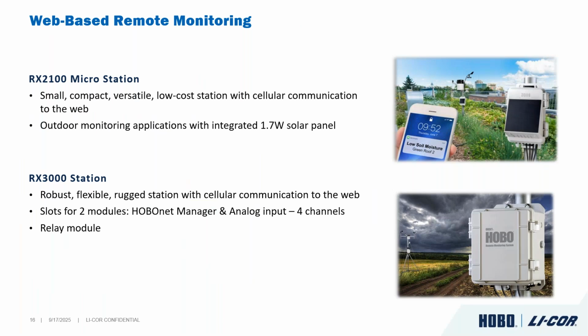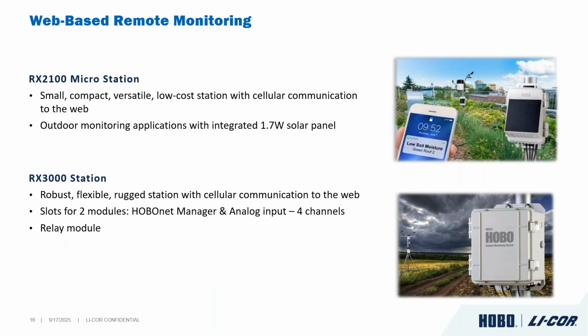These are all going to get you remote access to your data. So no need to be on site. You can be anywhere, anytime, and you'll be able to view the current status of the sensors, as well as receive remote alerts and texts if something should go out of range based off of the parameters that you set.